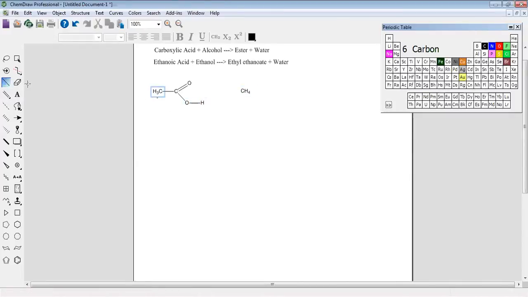Let me draw an alcohol out for you. Alcohol here is going to be ethanol. Of course, the eth part in the name suggests that this alcohol is actually made up of two carbon atoms.